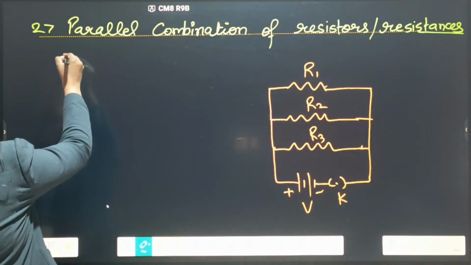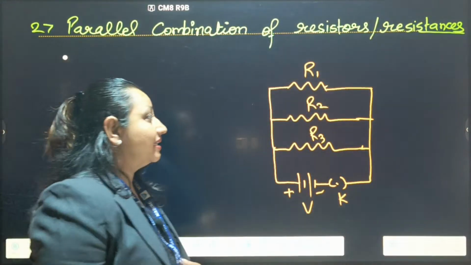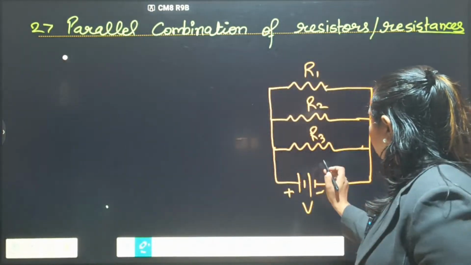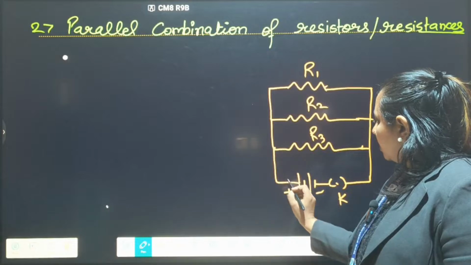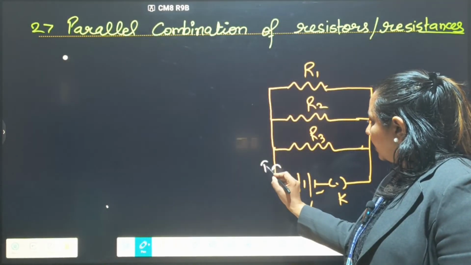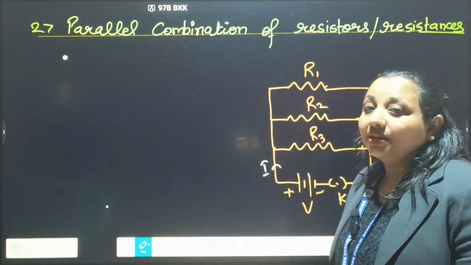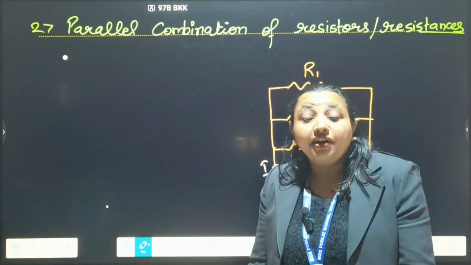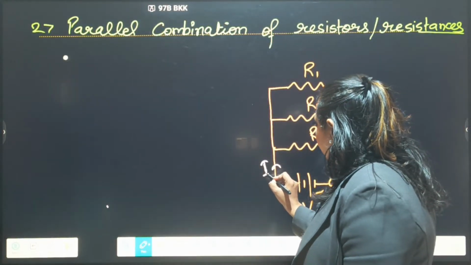What you have to remember about the parallel combination? Here potential difference remains same across each resistor. यहाँ पे V same रहेगा, but the current देखो, जो भी यहाँ से current आ रहा था I, that divides in this arm, then in this arm, then in this arm. So current divides, current is different across each resistance in the parallel combination and potential difference remains same.